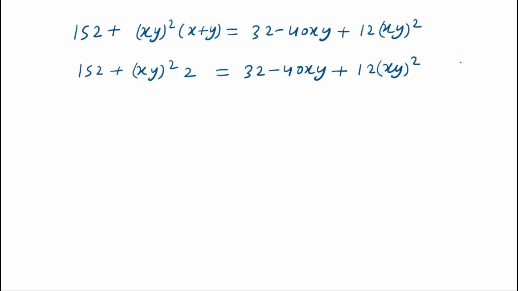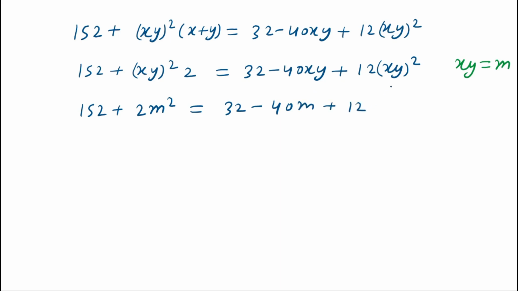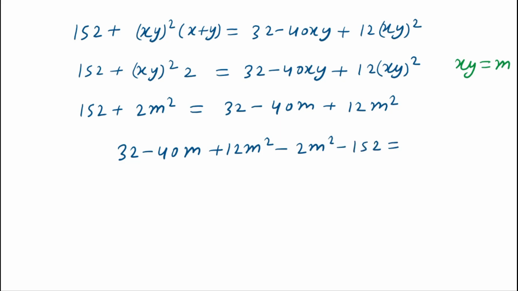Now if we substitute xy equal to m, then 152 plus 2 times m square equals 32 minus 40m plus 12 times m square. If we take all the expressions to the same side, then 32 minus 40m plus 12m square minus 2m square minus 152 equals 0.